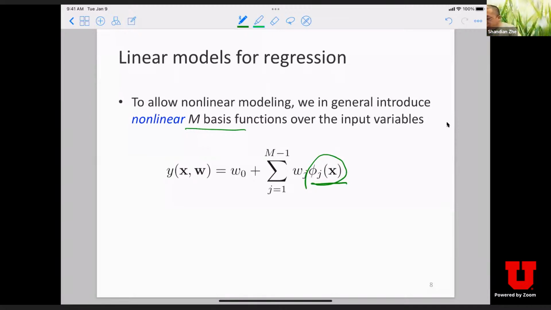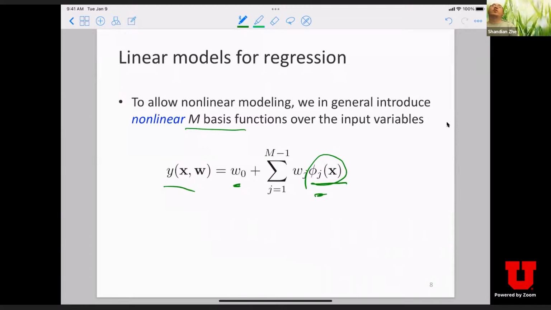And then our prediction of y is still a linear combination of those basis functions, plus a bias term, W0. So you can see that at a higher level, we still preserve this linear structure, but before we do this linear combination, we first perform some nonlinear transformation over x.